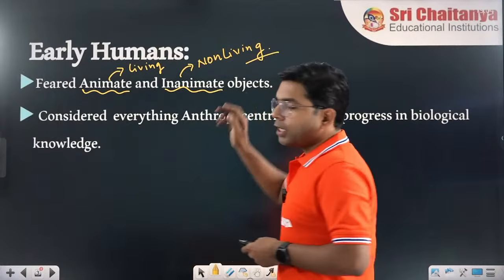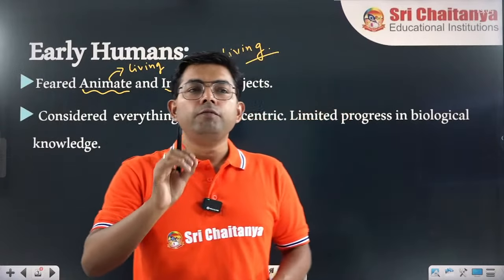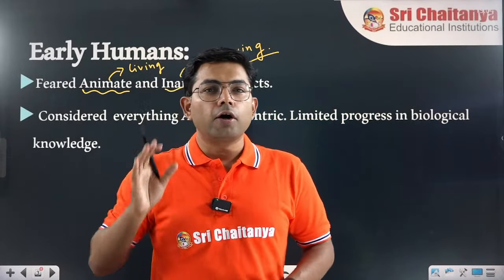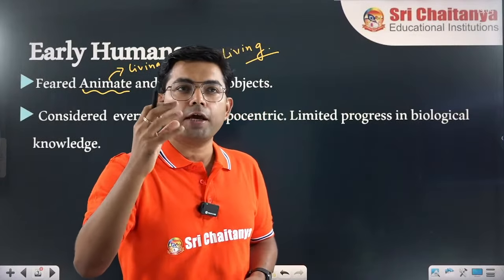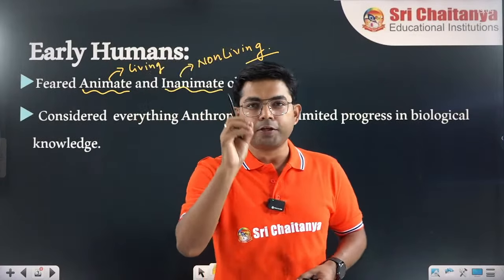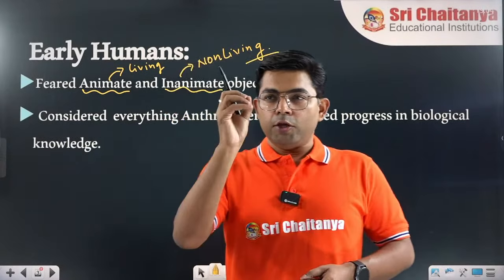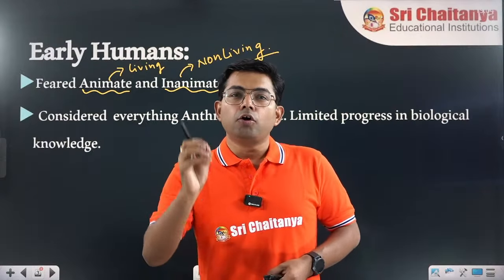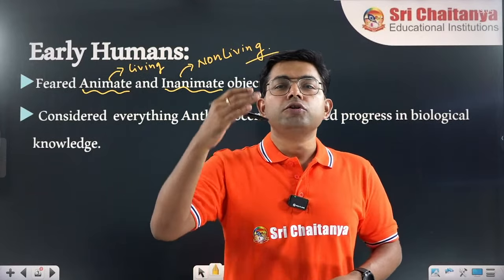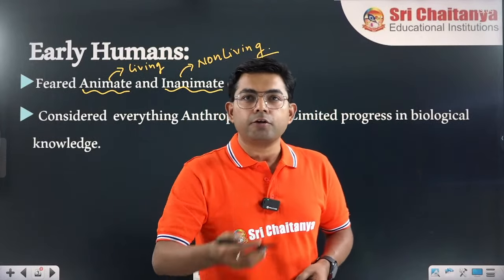It is a human tendency that when we don't know about something, we tend to fear it. There is a very good NCERT line that human beings used to feel awe and fear from both animate and inanimate organisms.